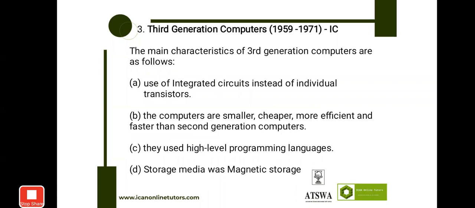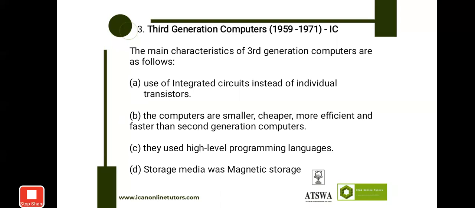So the third generation computers, what we call the IC. The distinct feature of third generation computers was integrated circuits. This generation was 1959 to 1971, more than 10 years. So the main characteristics of third generation computers are as follows.